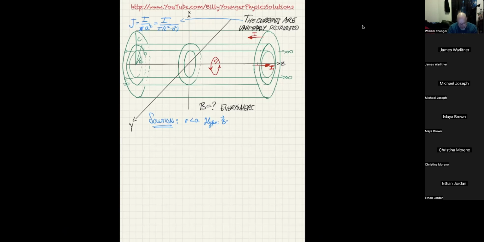Wouldn't it curl around the wire? Yes, it would curl around the wire. That's exactly it. So when you wrap your hands around the z-axis, your thumb pointing in the positive z direction, I think you realize that it's coming out of the page at the top, right? And I suspect you think it would be going in the page down here.